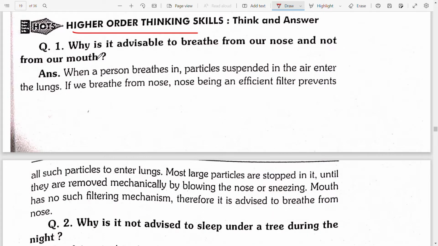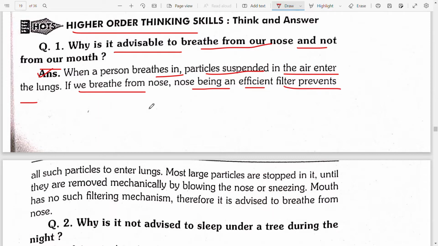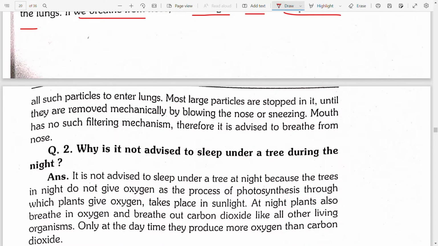Question number 1. Why is it advised to breathe from your nose, not from your mouth? Answer: When a person breathes in, particles suspended in the air enter the lungs. If we breathe from the nose, being an efficient filter, it prevents all such particles from entering the lungs.